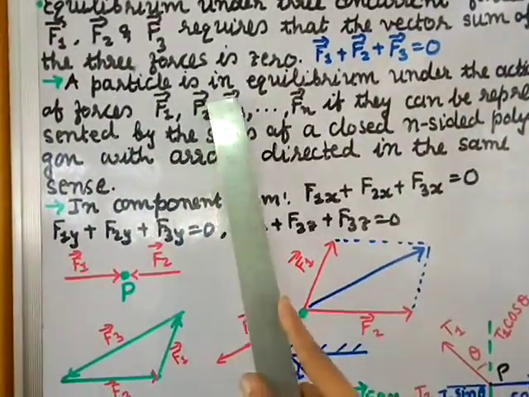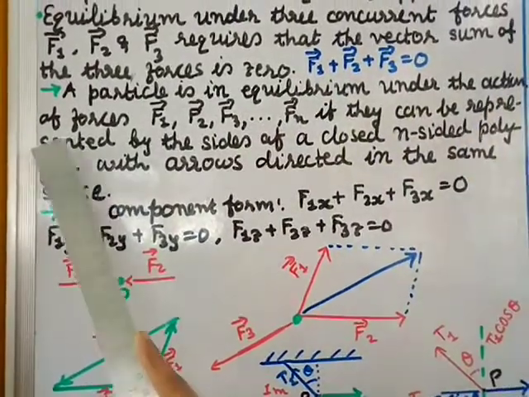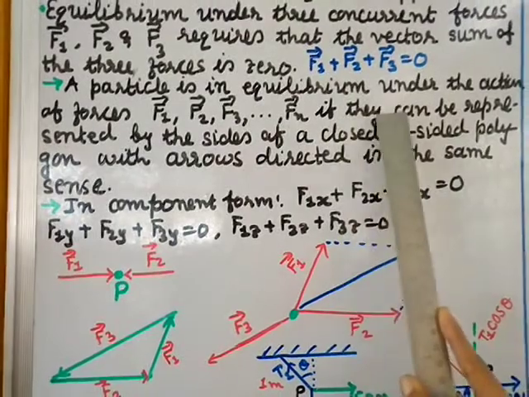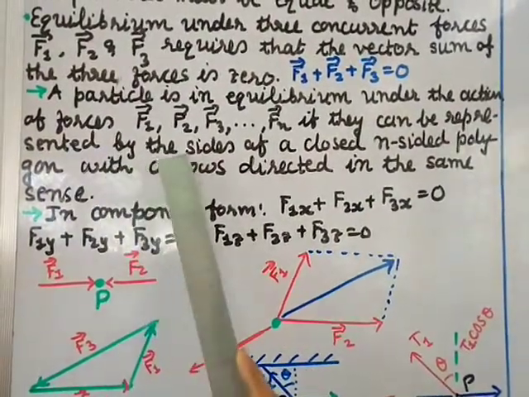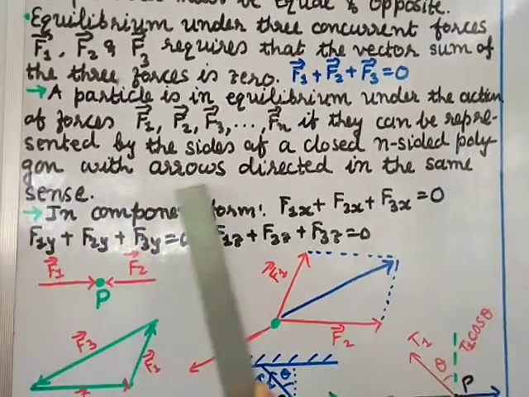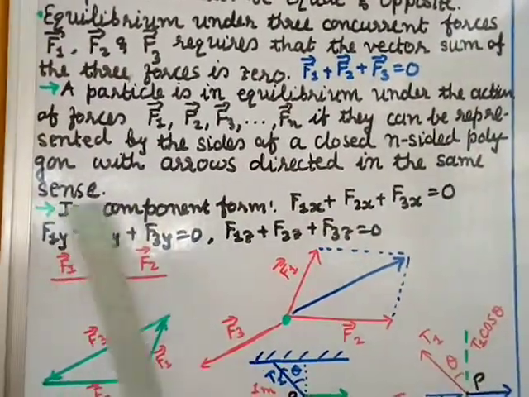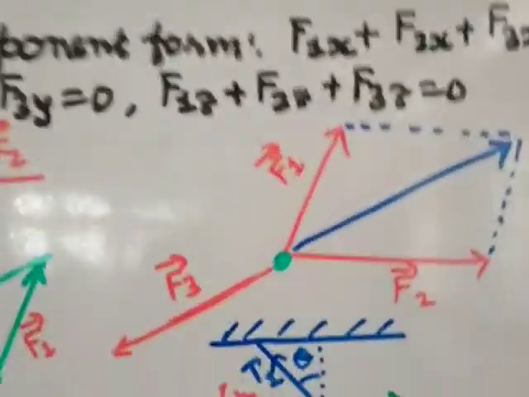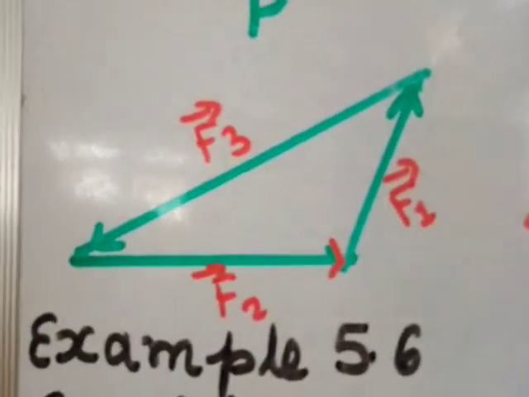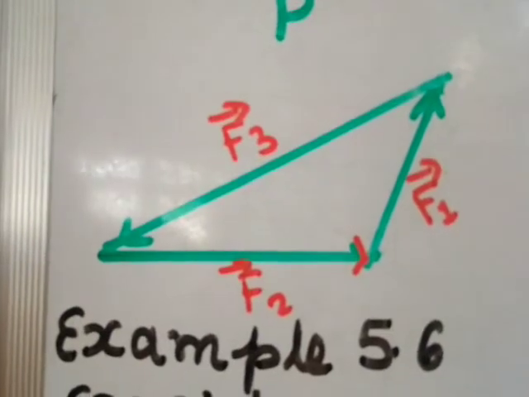A particle is in equilibrium under the action of forces F1, F2, F3 up to Fn if they can be represented by the sides of a closed n-sided polygon with arrows directed in the same sense. For these three forces I have drawn the triangle here. This is a triangle and this is also a polygon, because it has got more than two sides.